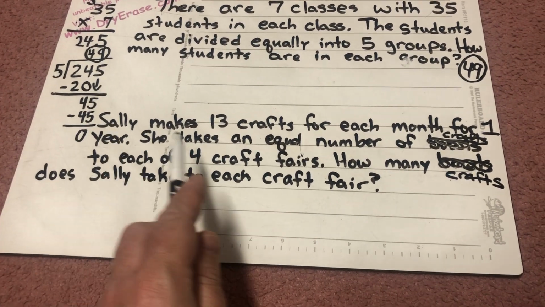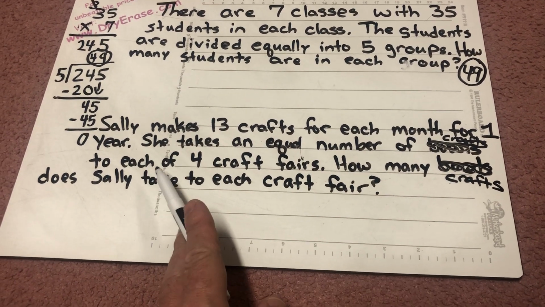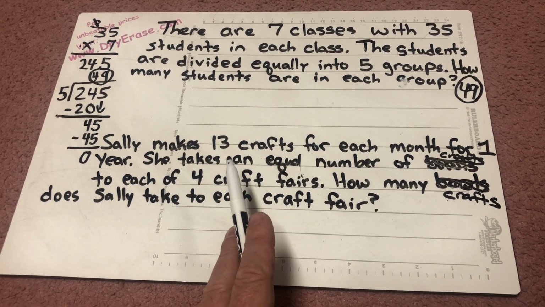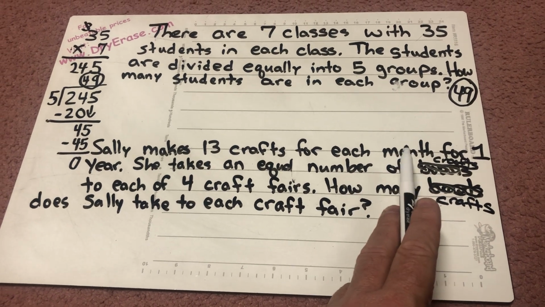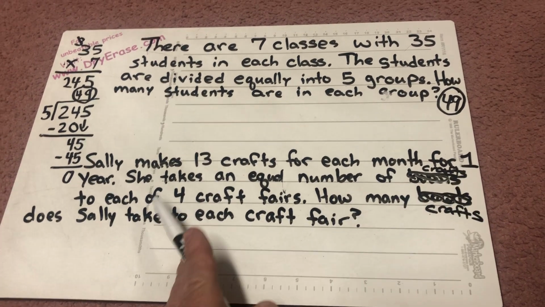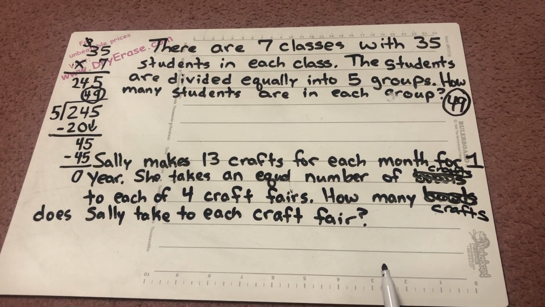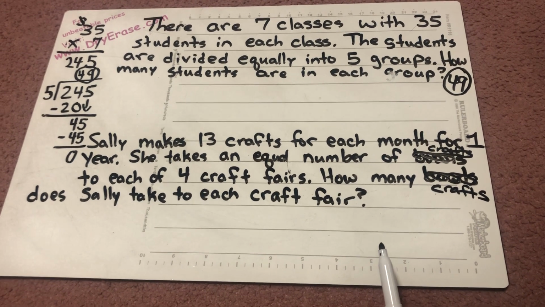This question assumes that you understand that it takes 12 months to make 1 year.